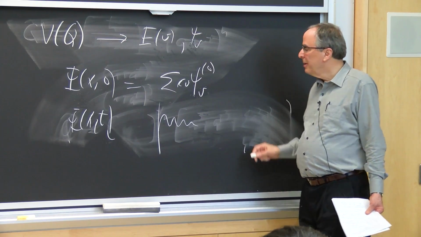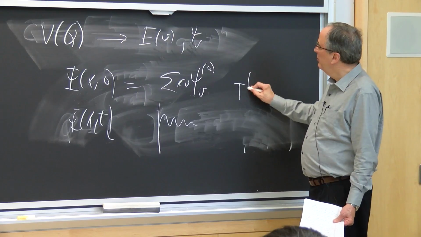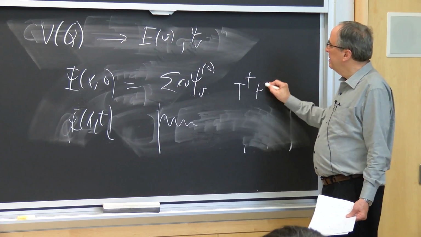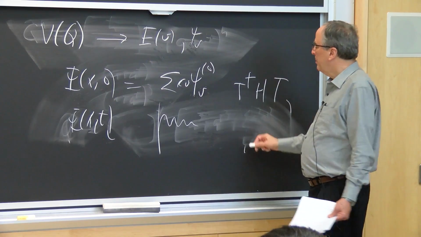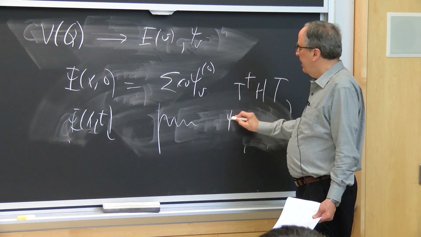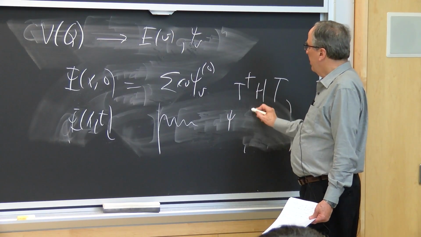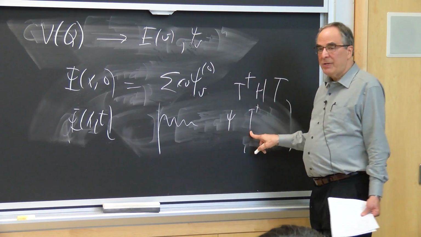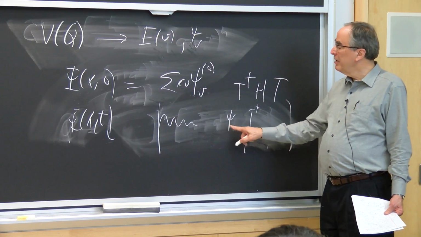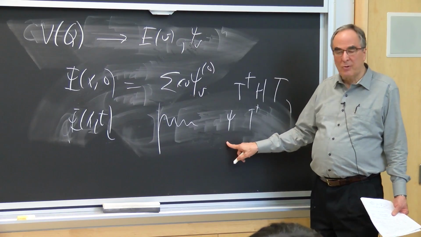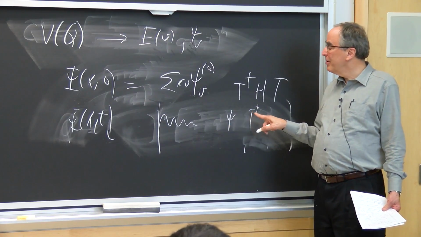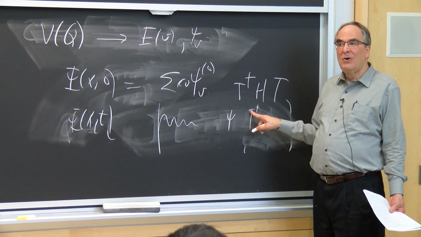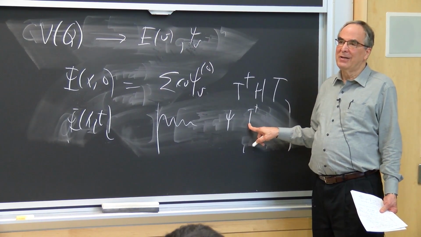And remember, if you have a transformation that diagonalizes the Hamiltonian, the eigenstates correspond to the columns of T dagger, and the expression of the zero-order states in terms of the eigenstates corresponds to either the columns of T or the rows of T dagger.